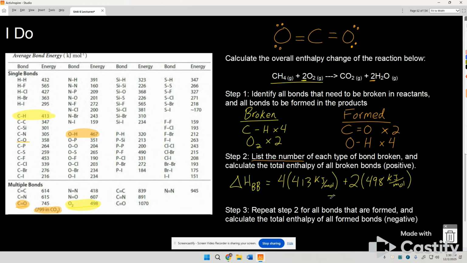So my total delta H of my bonds being broken, I'm going to add those up, 4 times 413 plus 2 times 498, gives me a total of 2,648, which I'm going to round to 3 sig figs and do 2,650 kilojoules per mole.